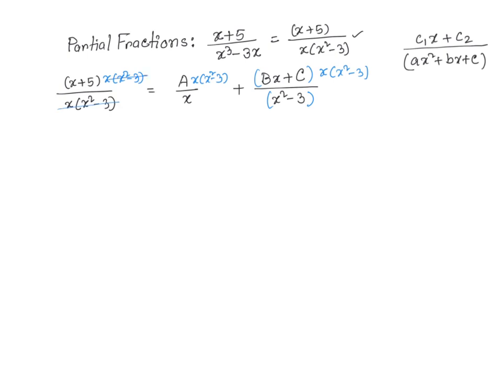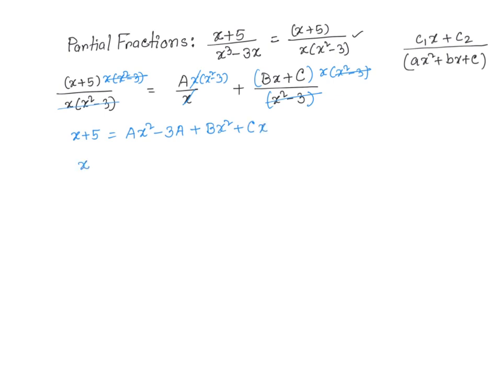These two and these two are going to cancel out on the left, and you're going to be left with x plus 5 on the left, and on the right this and this is going to cancel out. That's going to give me a times x squared minus 3a, right? Then this and this is going to cancel out. That's going to give me x times bx, which is bx squared plus c times x.